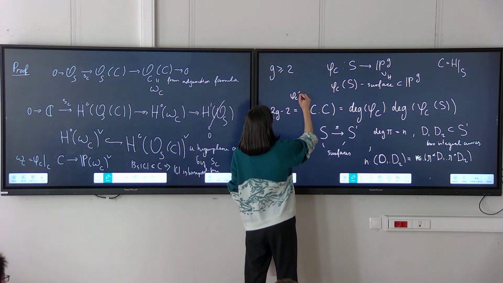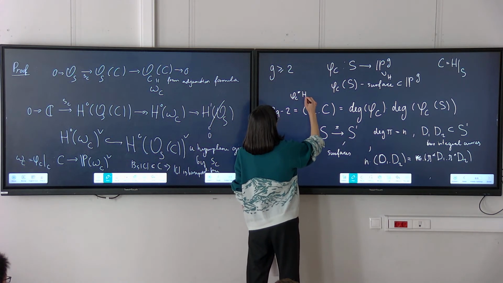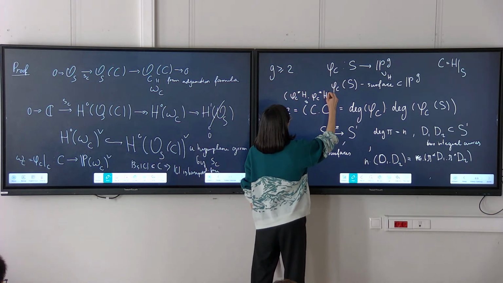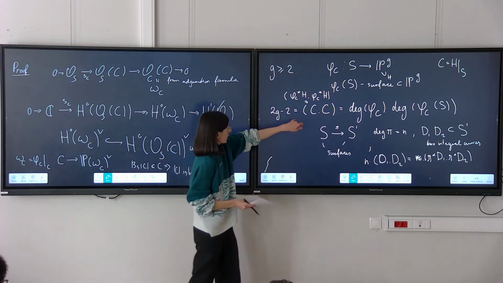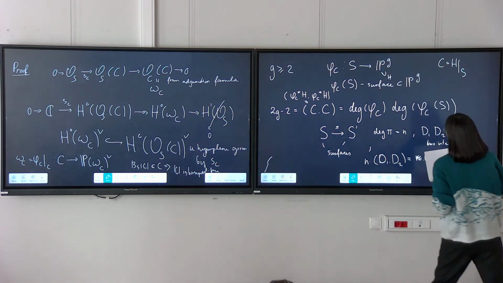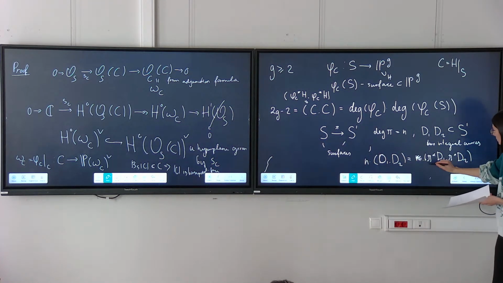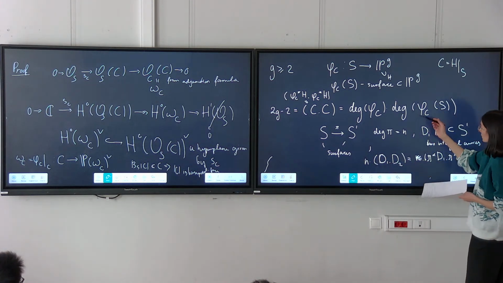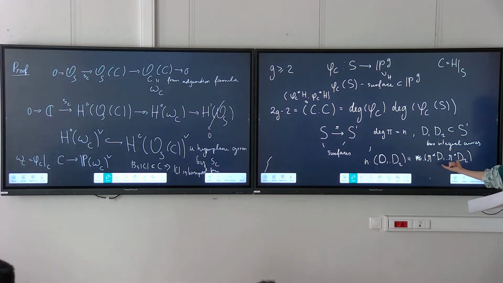Here it is a pullback of H. And this is equal to the degree, and this is what we have here. And why is this true?